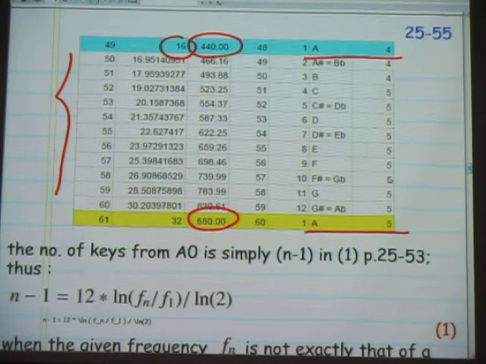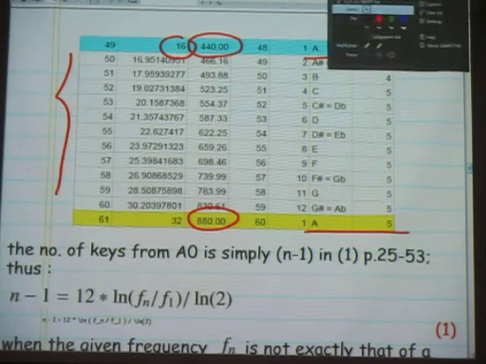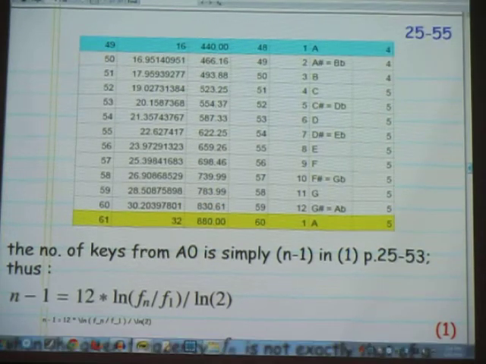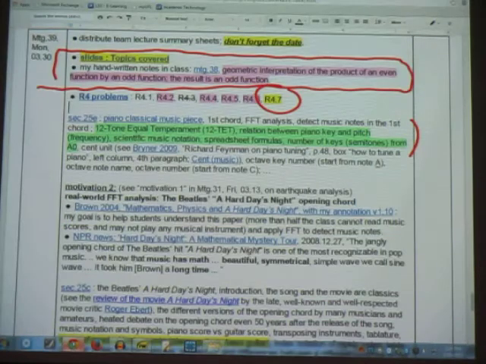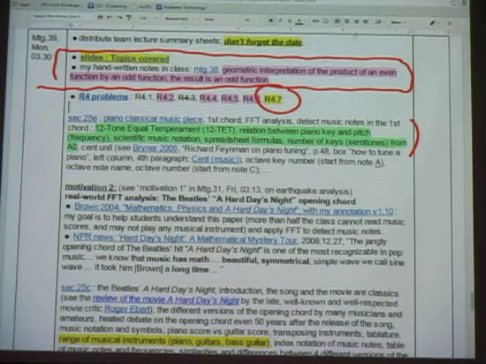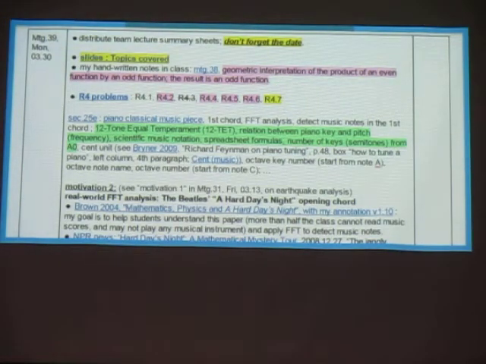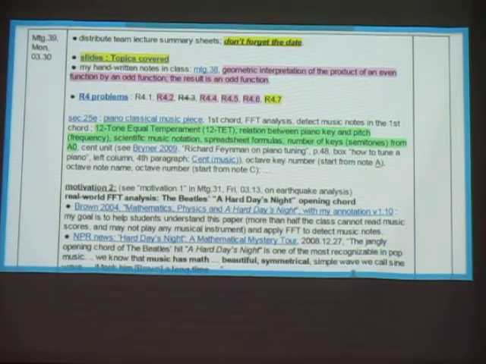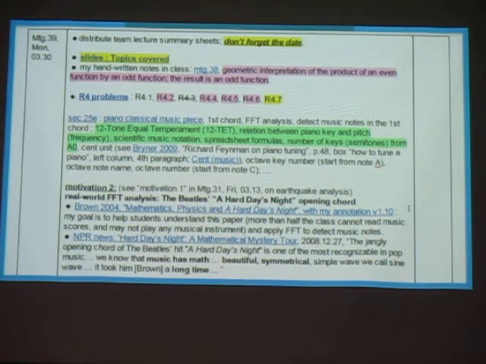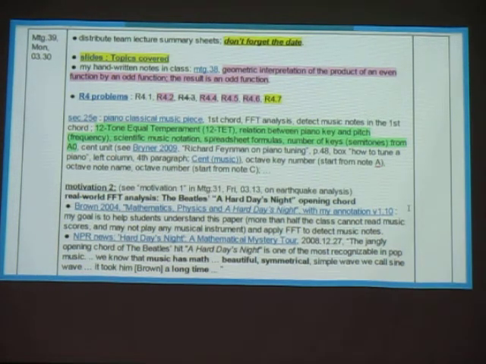Okay. So with this, I now move on to motivate this topic here. And this is the second motivation of real-world problem.